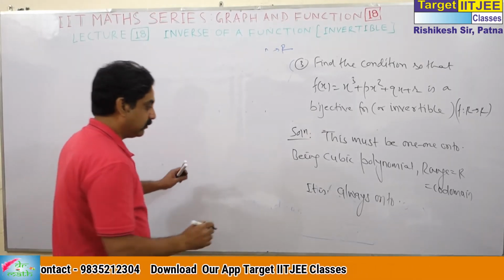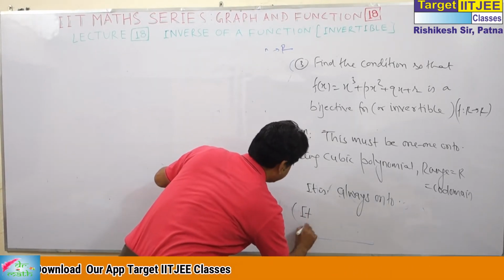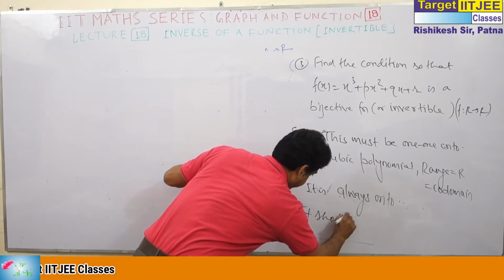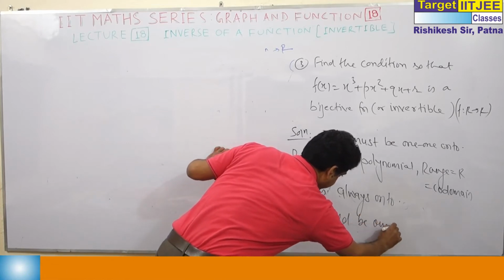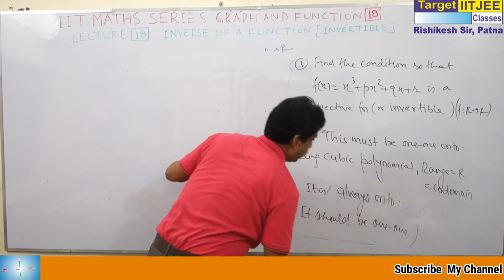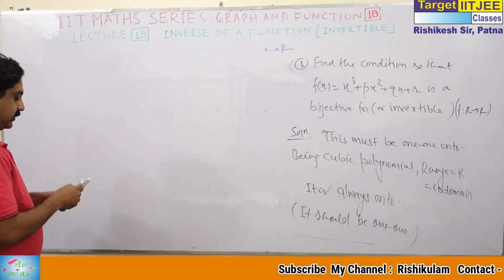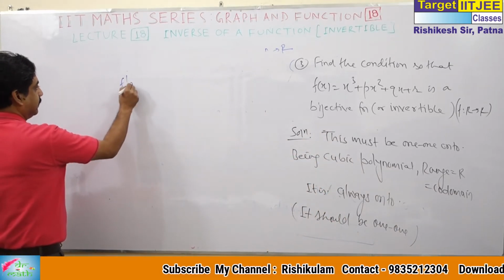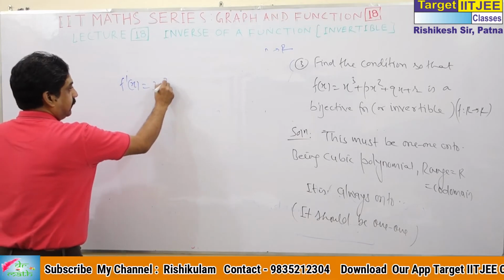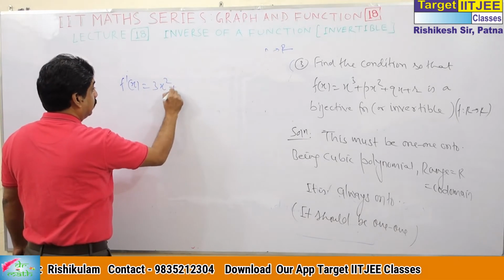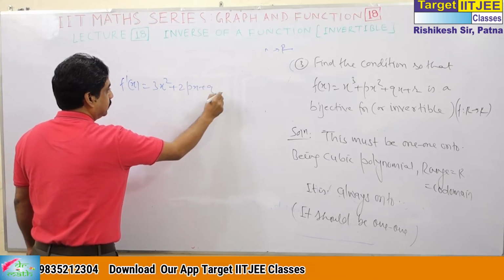Now it should be one-one. For the required condition, why one-one? What is f dash x? 3x square plus 2px plus q.